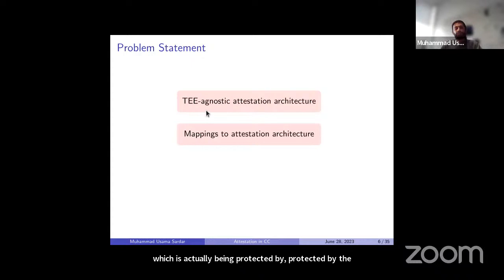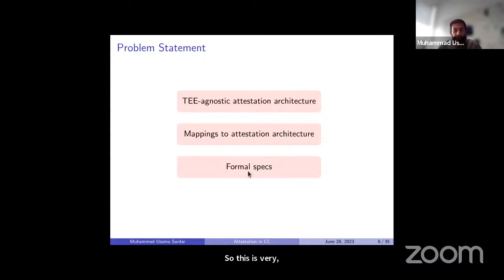Once we have this attestation architecture, the second was to provide the mappings of all the TEs to it. This is very systems engineering related. The third one is the formal specifications, how we mathematically reason about the attestation procedure. That, I believe, is the most important bit for this specific audience, so this is the part that I will focus on for this talk.